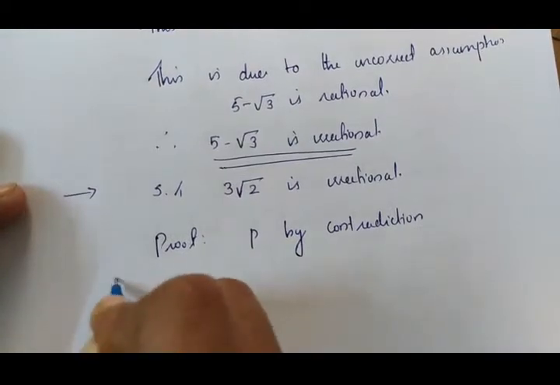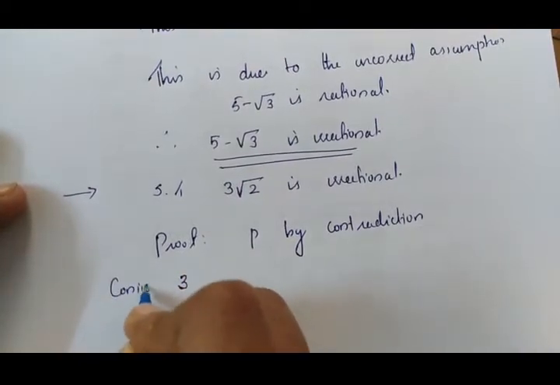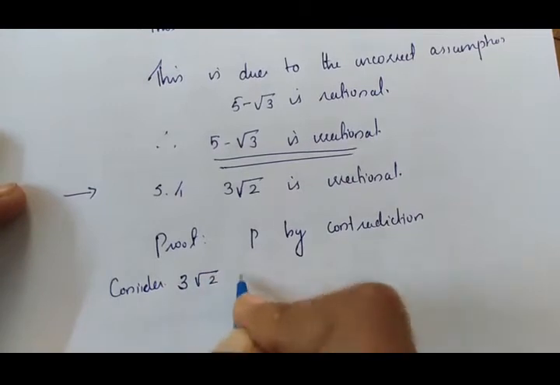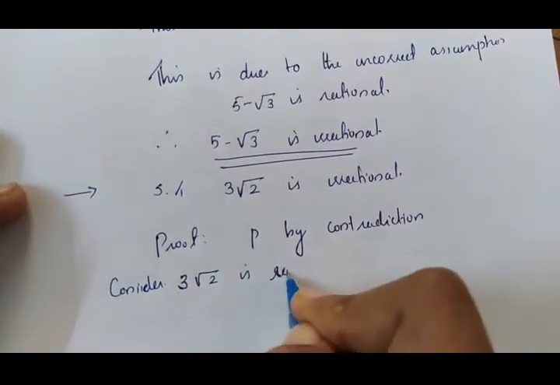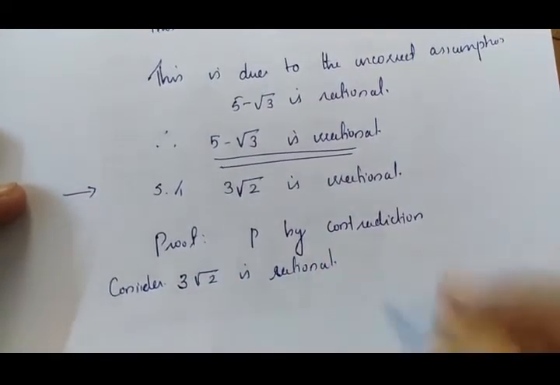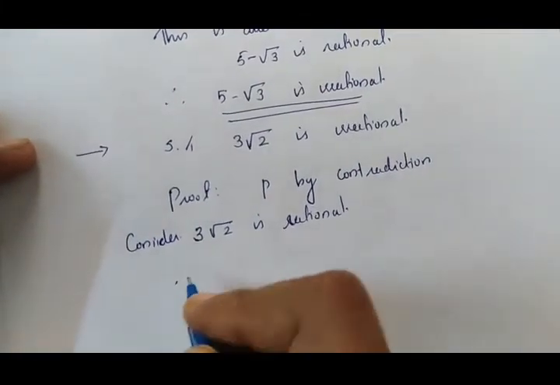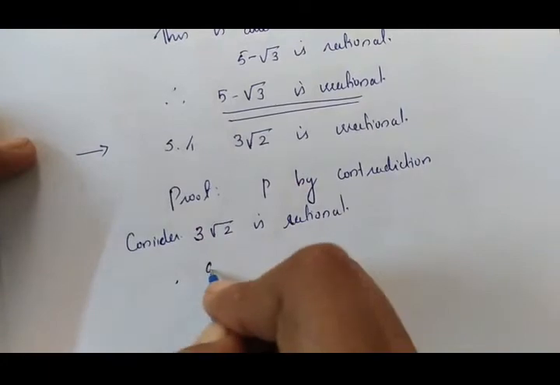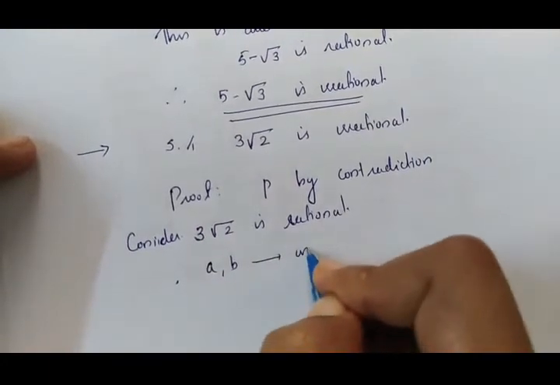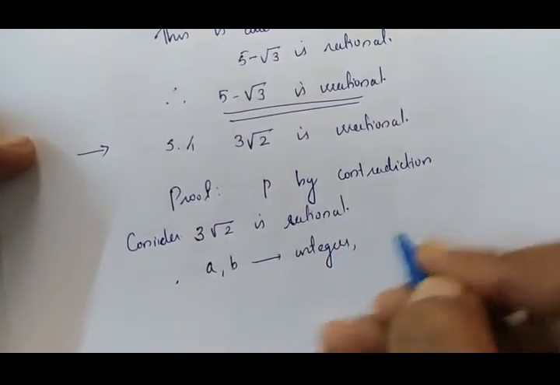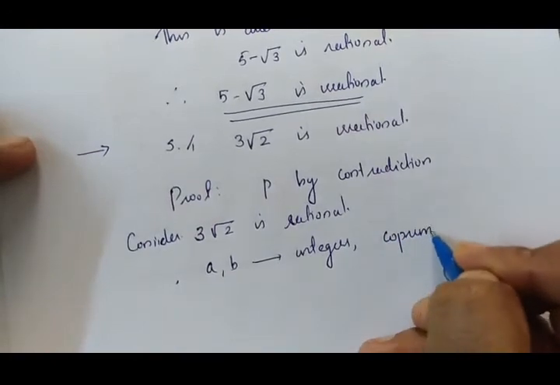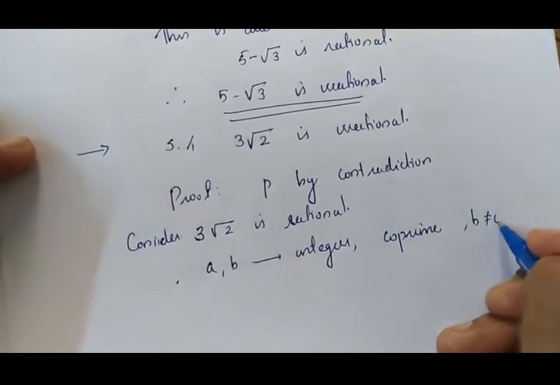Consider 3 root 2 is rational. We represent 3 root 2 using the integers a and b, which are coprime, and b is not equal to 0.